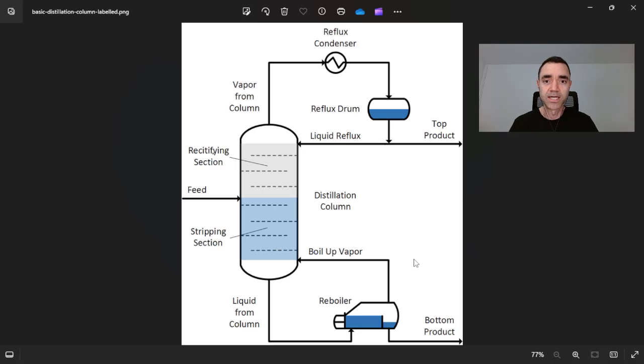It can be steam, medium pressure or high pressure steam, or another kind of energy. And to condense the vapor that goes out from the distillation column, I have a condenser, and its main purpose is to liquefy most of the gas that is going out from the column.